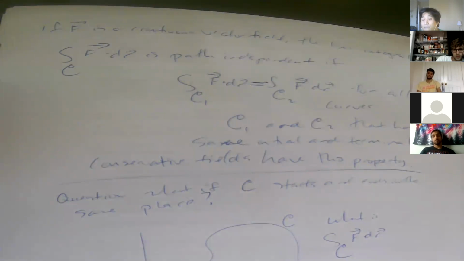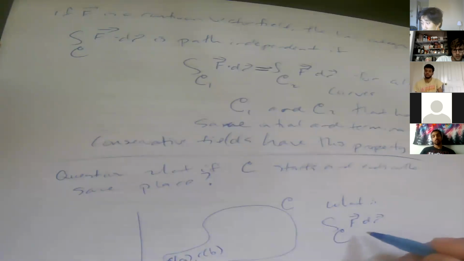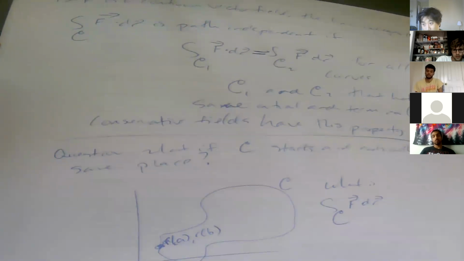So if the integral is path independent, this will for sure be 0. If you're tracking the book, this is theorem 3.7.